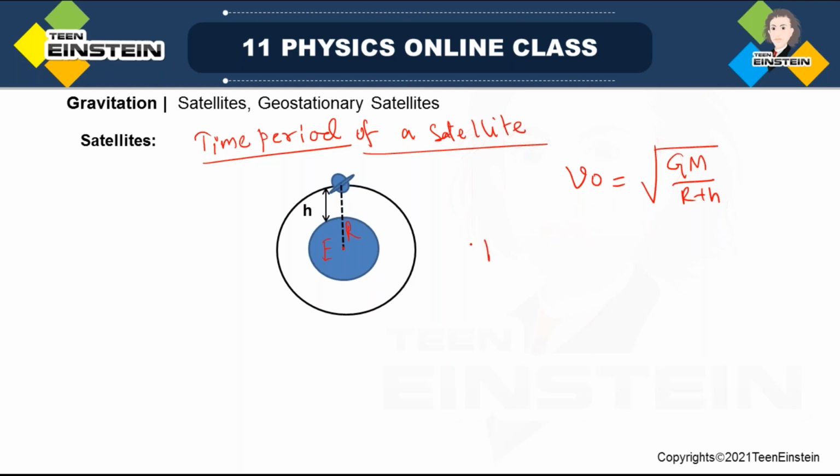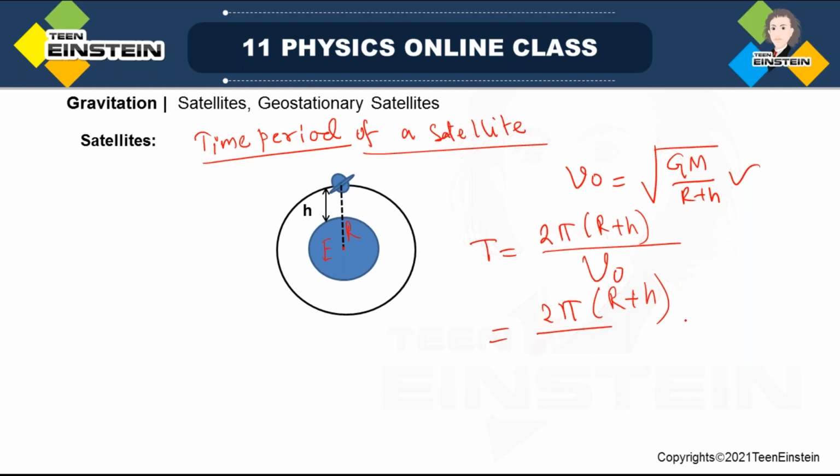So look here, what is the time period for this satellite then? The time period will be given by 2 pi (R plus h) divided by the orbital velocity, and we have already calculated the orbital velocity in the previous class. We can just write this down over here.